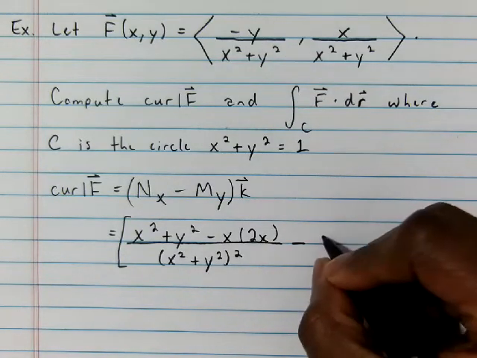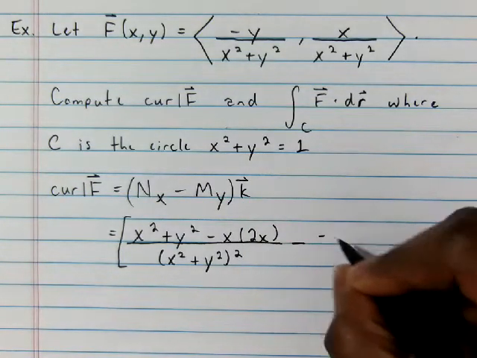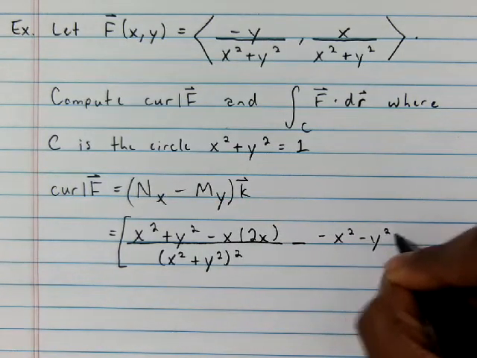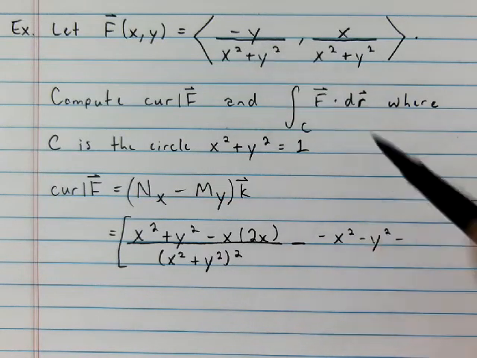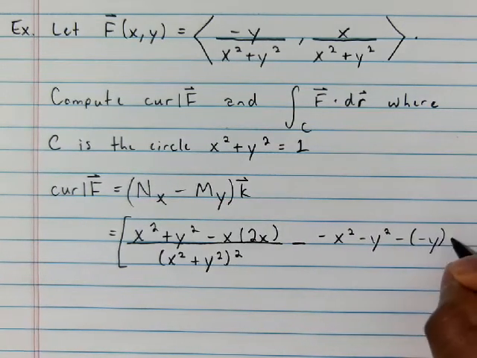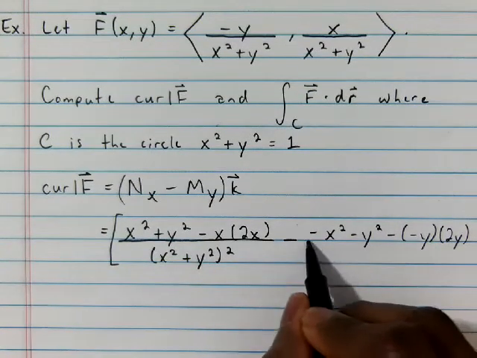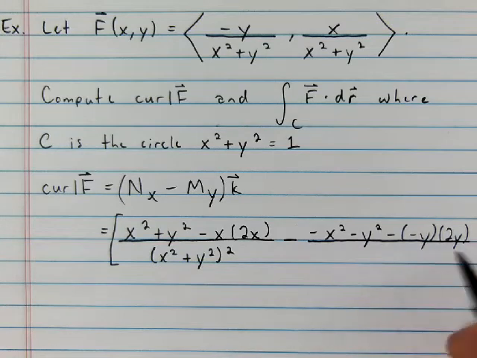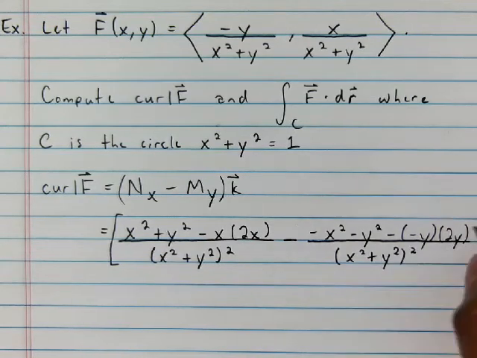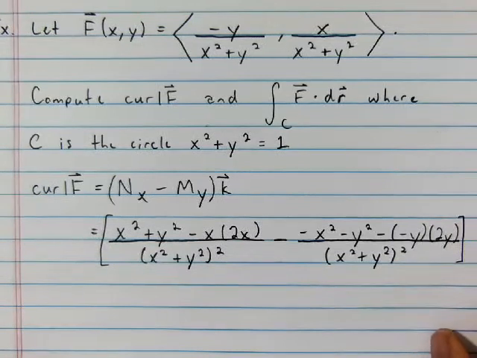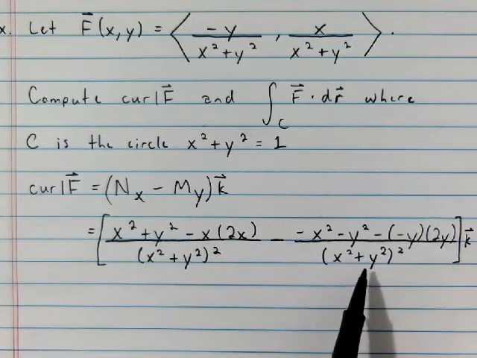We're going to get negative 1 times x squared plus y squared, so we're going to get negative x squared minus y squared, and then minus, negative y times 2y, all over x squared plus y squared, quantity squared, times k.